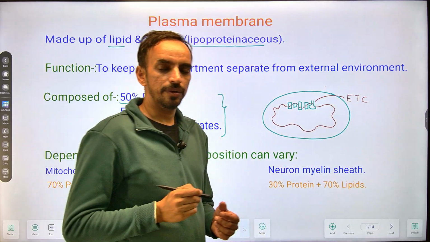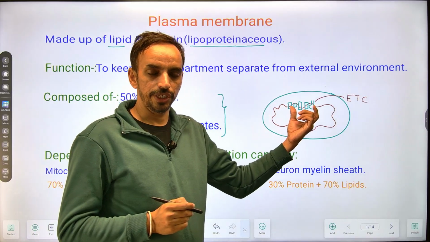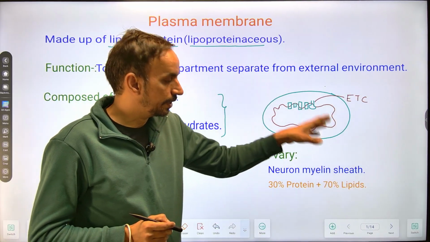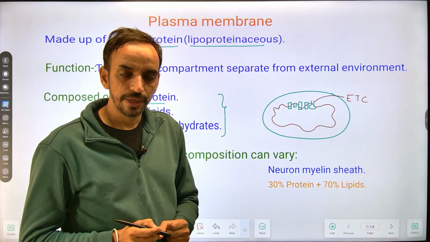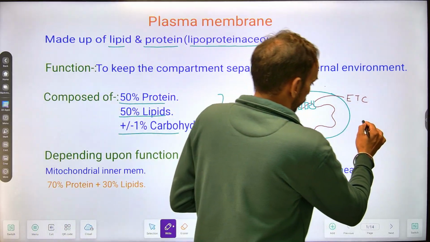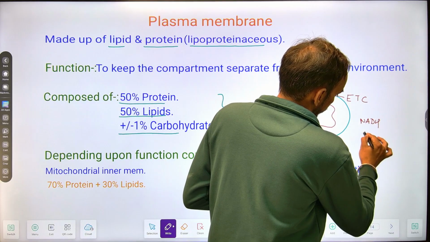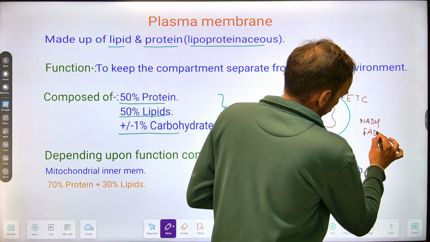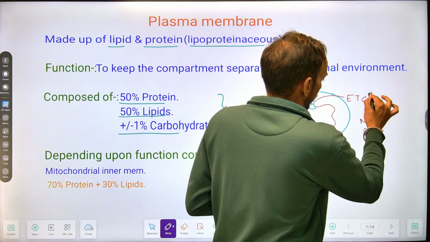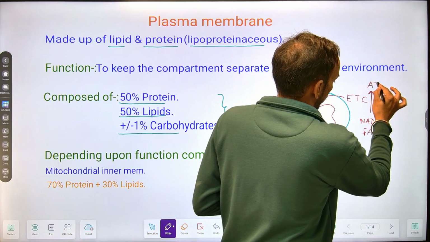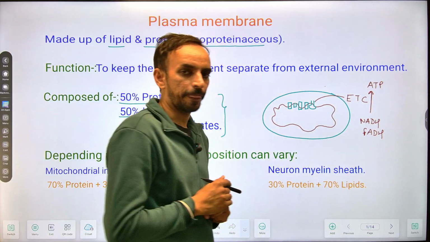Now these chains remain present on the inner mitochondrial membrane, and their function is to convert the reducing energy, that is NADH and FADH, into the energy currency called ATP.